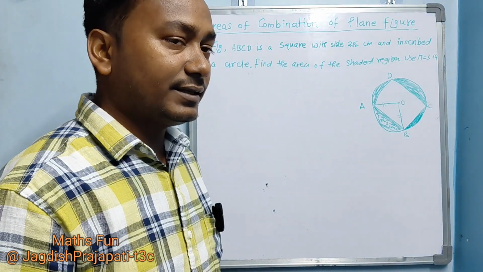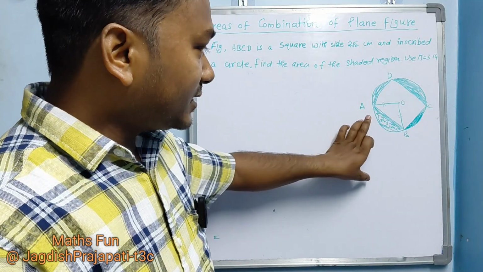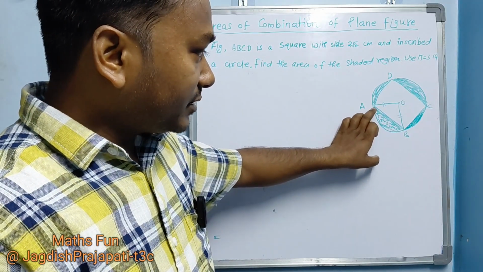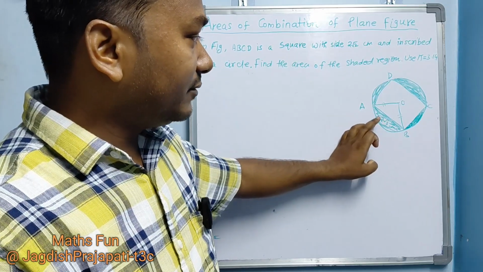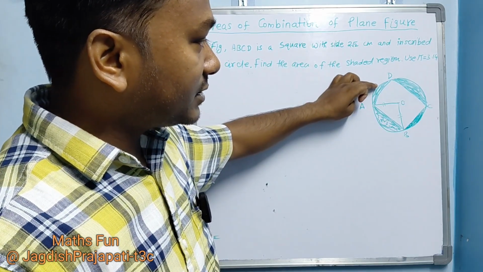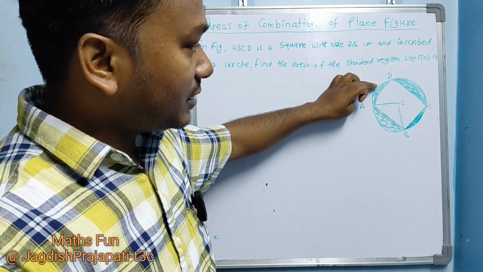Why do we need that radius? Because if we find the area of this segment, then we can find the area of the shaded region.